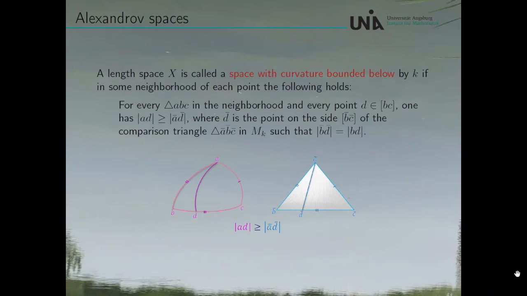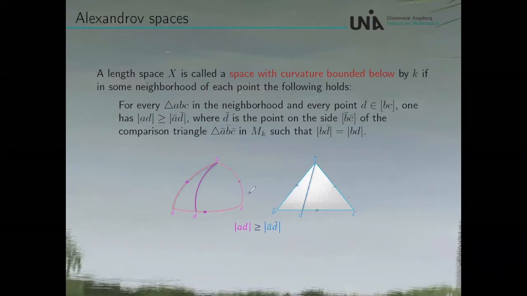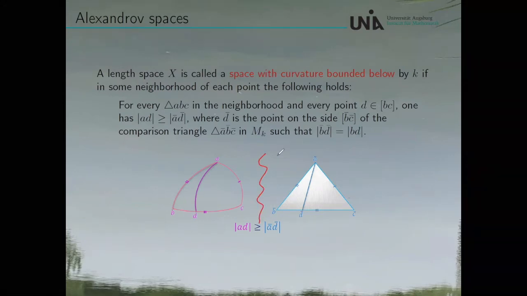The condition says that if we have a triangle in our space, we consider the comparison triangle in the model space, which is a triangle whose sides are the same as the sides of our triangle. So this side is equal to this one, to this one, and so on.